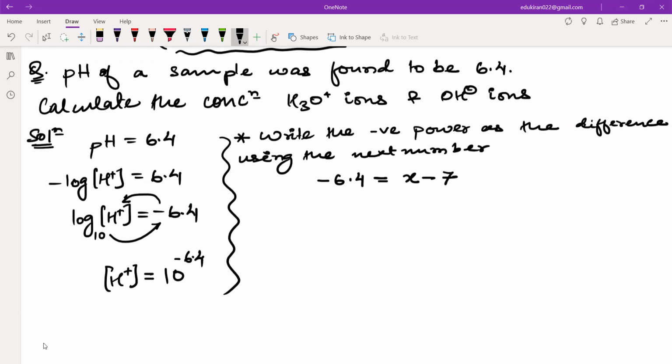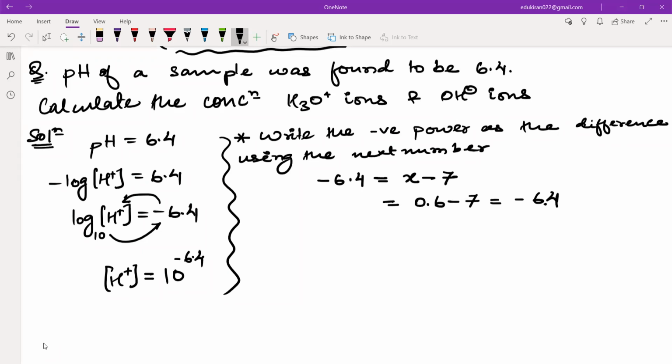The next number is 7. So we have to express 6.4 in the way x minus 7. So what will be x here? I can write this as 0.6 minus 7. This will be equal to minus 6.4. Yes or no? Yes, sir. So this is how you have to first represent it.